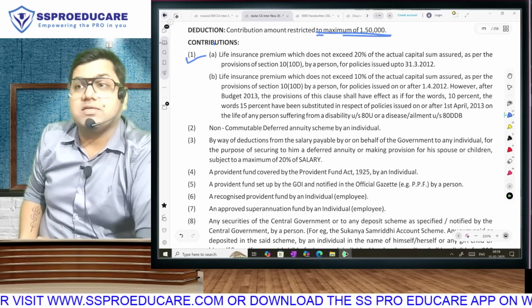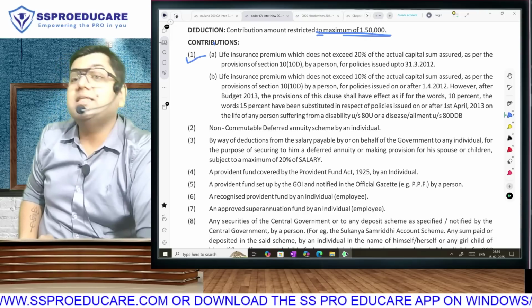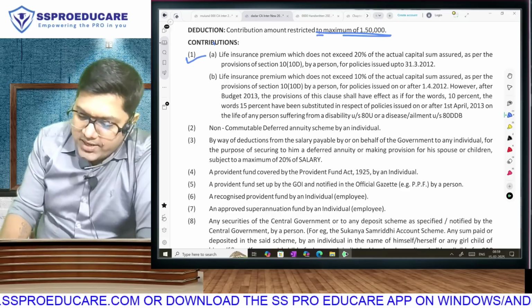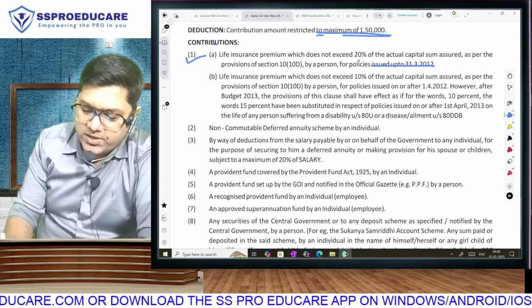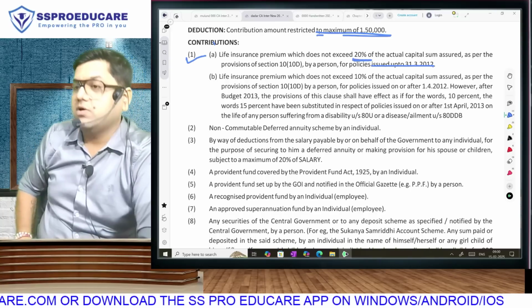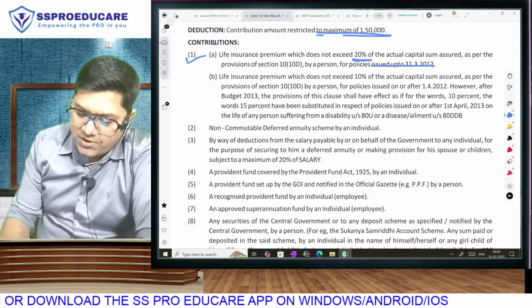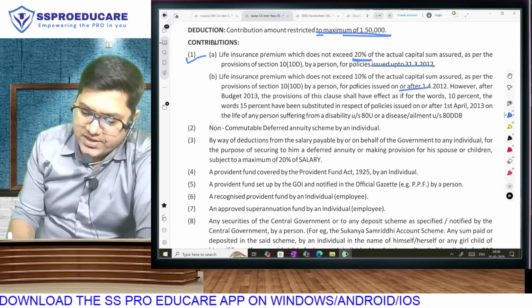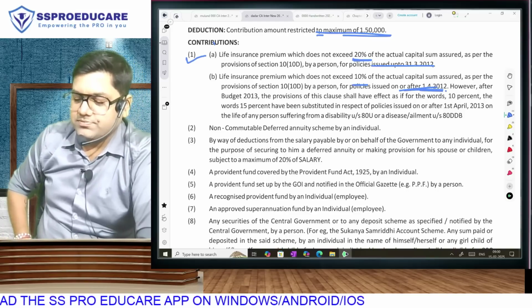And as already discussed, in case of individual, self, spouse, children; in case of HUF, any member. But there are some conditions here. For any policy that was taken up to 31st March 2012, the deduction is going to be 20% of your sum assured. Sum assured is policy value. For any policy taken on or after 1st April 2012, the deduction is going to be 10% of your sum assured.